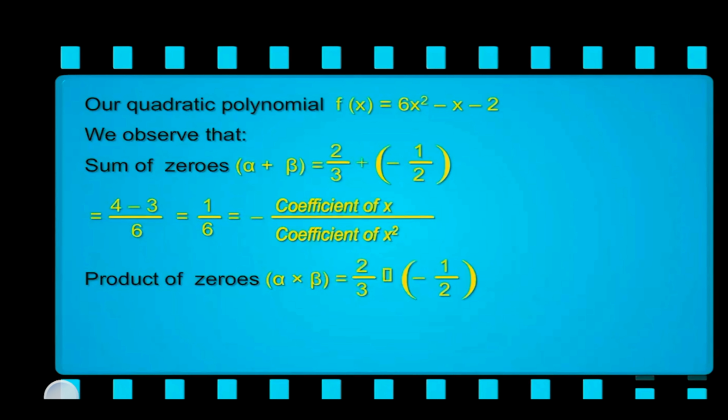And the product of its zeros, that is alpha into beta, is equal to 2 upon 3 into minus 1 upon 2, which is equal to minus 2 upon 6, which is the same as constant term upon coefficient of x squared.